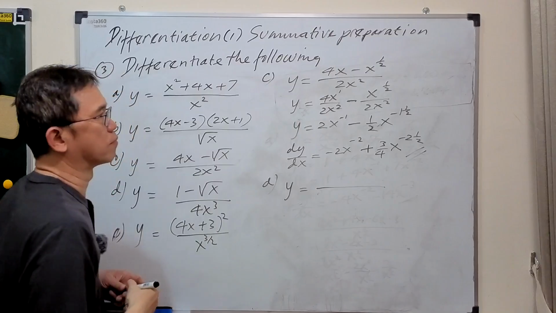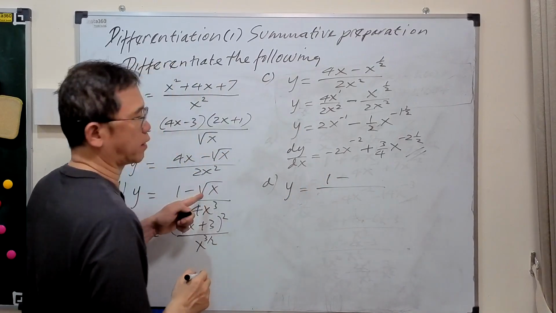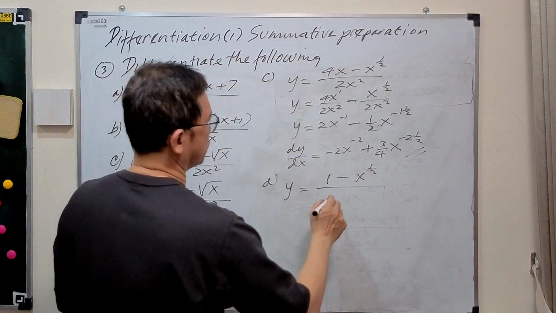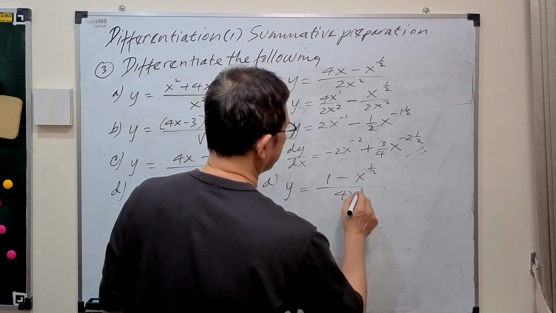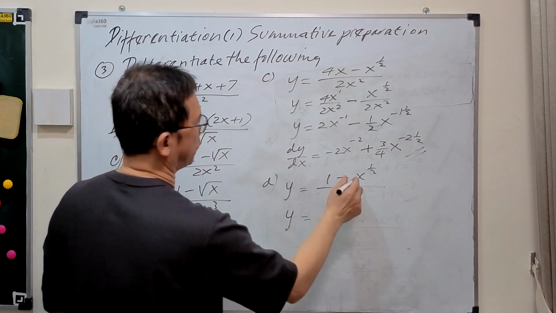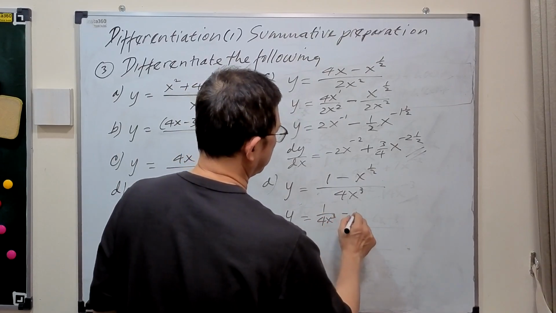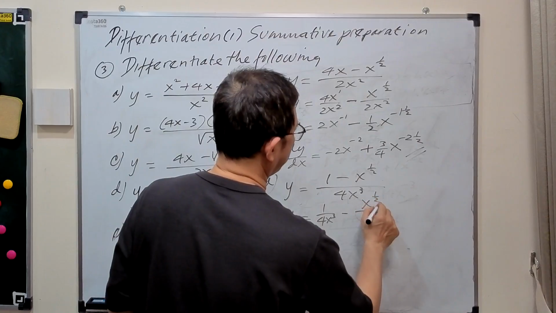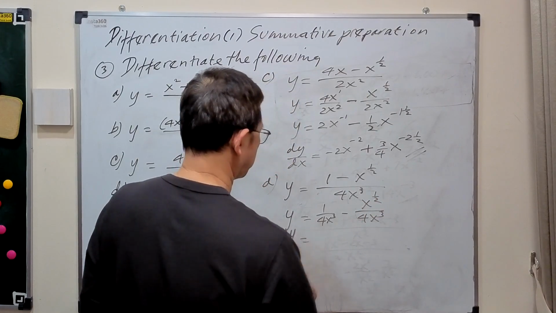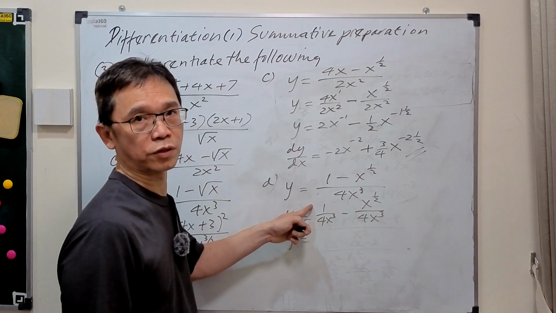same step. 1 root x will be x to the power of half. Then this will be 4x cubed. Divide every term by 4x cubed, minus x to the power of half over 5x squared. Be careful on this, don't move 4 to the top.